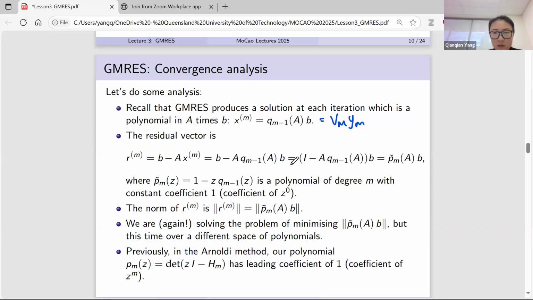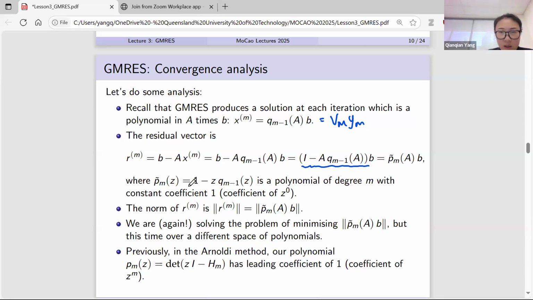And then the next bit is that we take B outside. So inside brackets, we have I minus A Qm minus 1 of A. Let's call this bit, which is another polynomial, Pm.